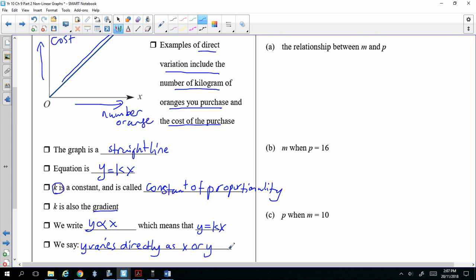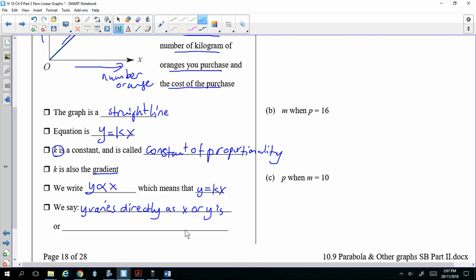So we can say both ways. Oh, sorry, I said it wrong.